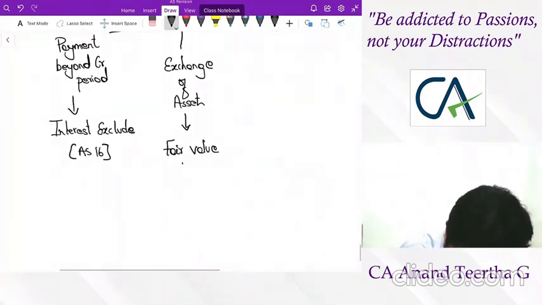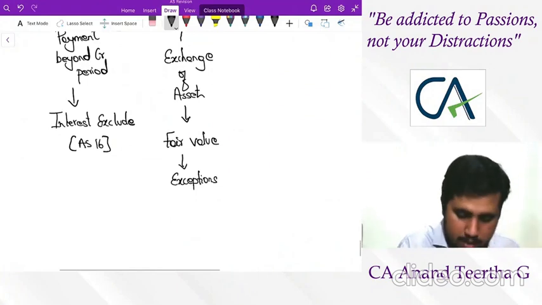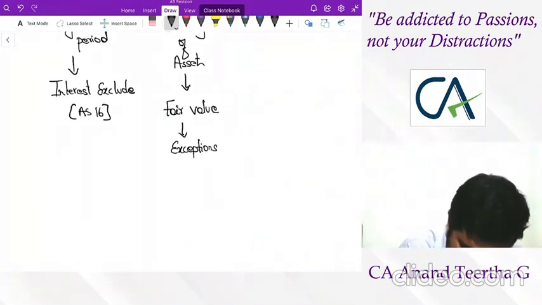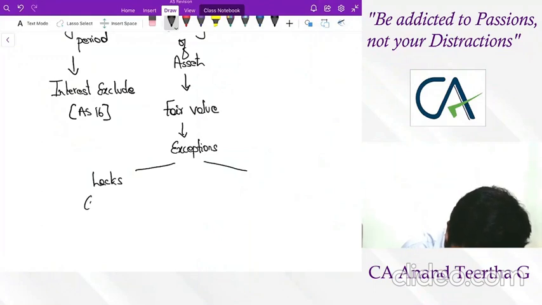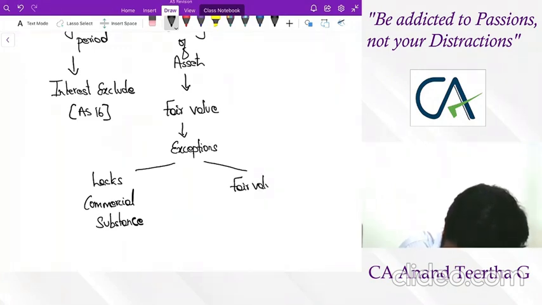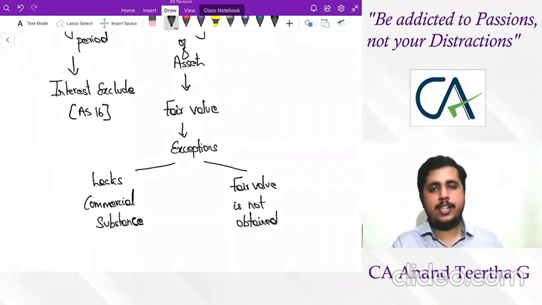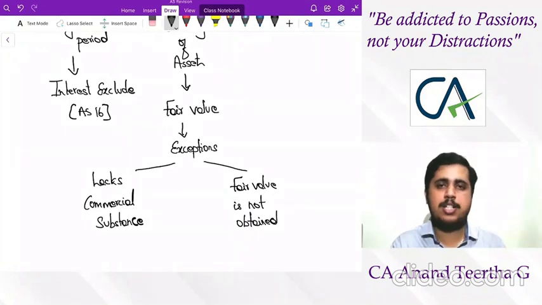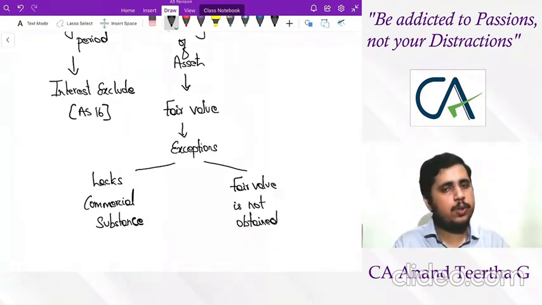But even for this, there are exceptions. When do you have to go with the exception? Two things: either the transaction lacks commercial substance, or fair value is not obtained. Any of the two circumstances. So either that particular transaction lacks commercial substance or fair value cannot be calculated.